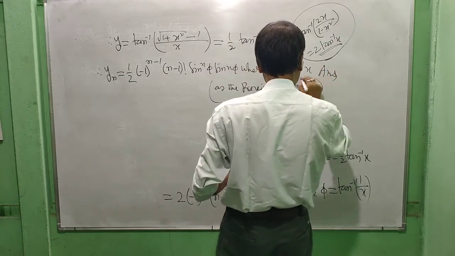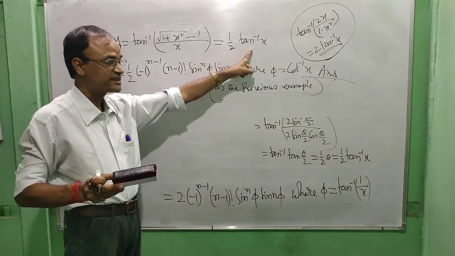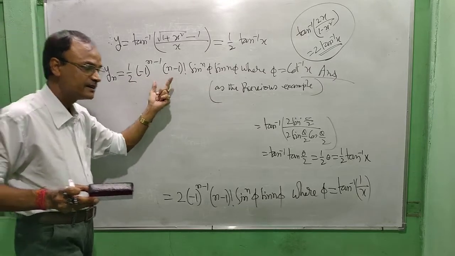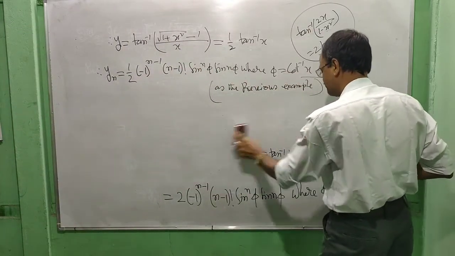And this will be the answer. Y is equal to half of tan inverse x, and the nth differentiation proceeds as in the previous example.